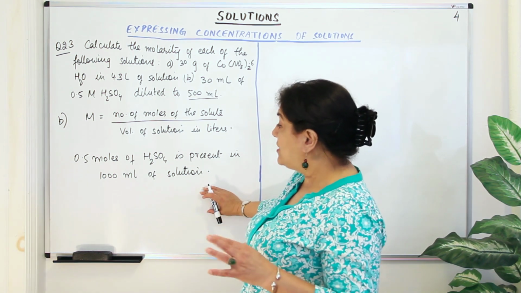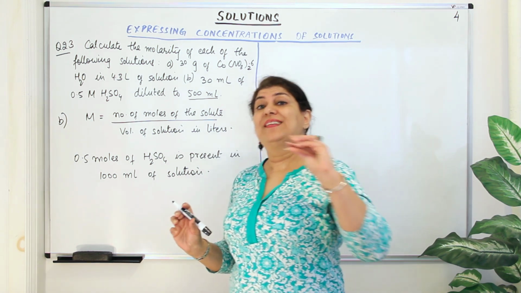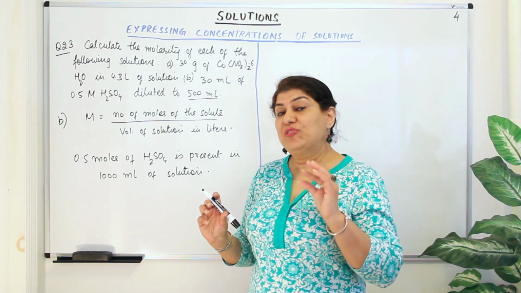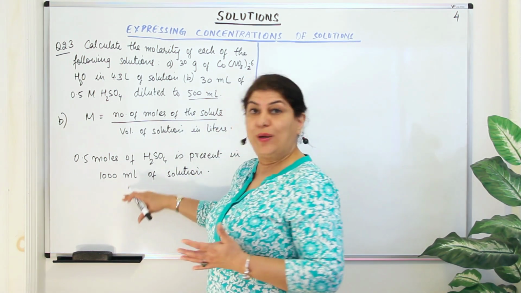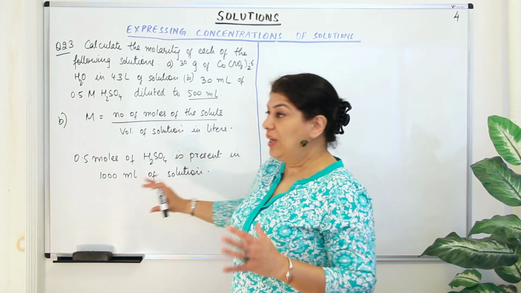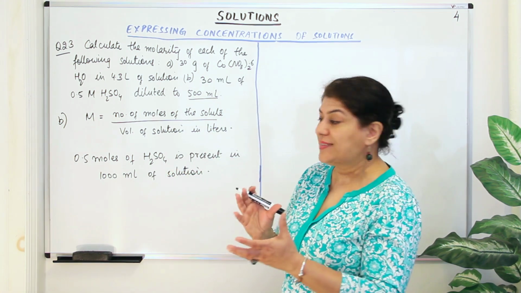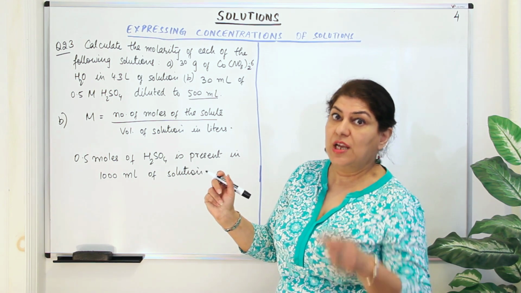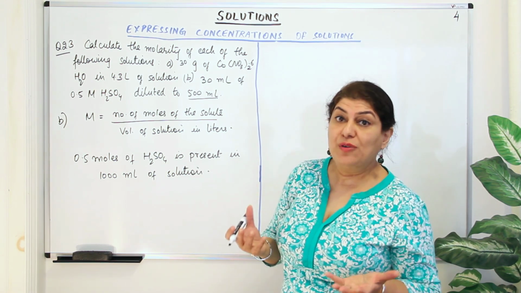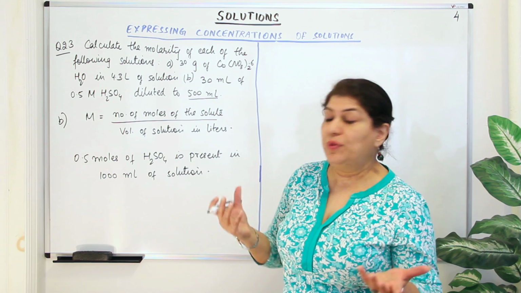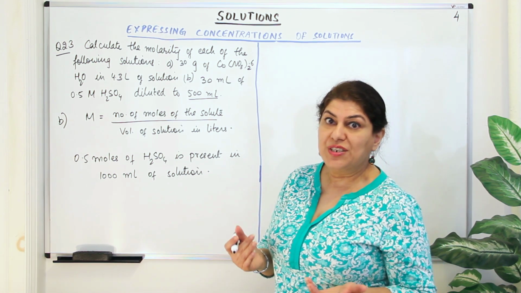And out of this solution, we have only 30 milliliters. So we are not using all the 1000 ml of the solution. So if 0.5 moles were present, they were present in 1000 ml. So in 30 ml, how many moles would be present? We can find that out by unitary method.